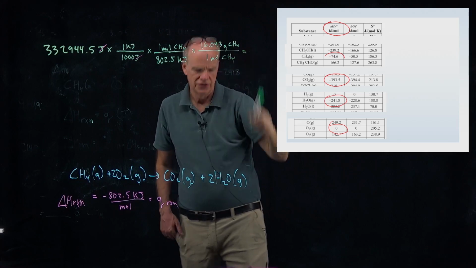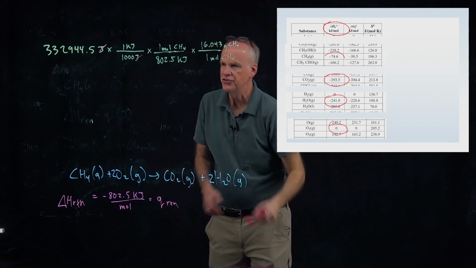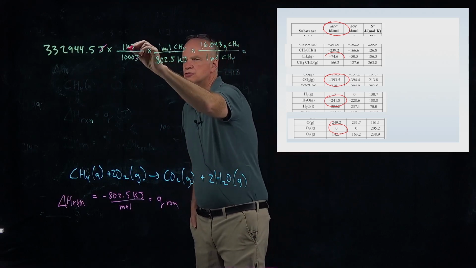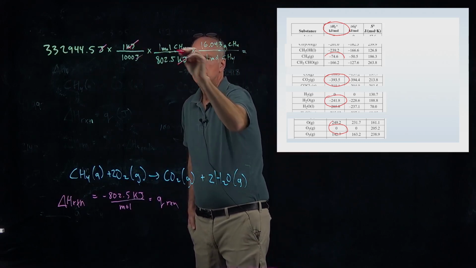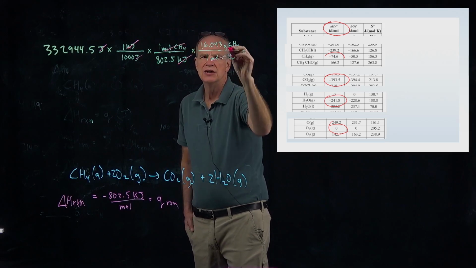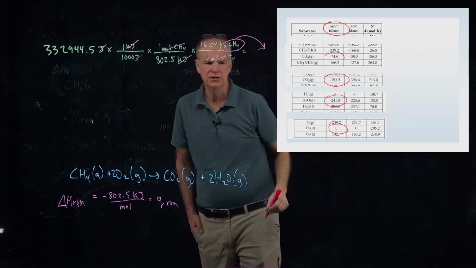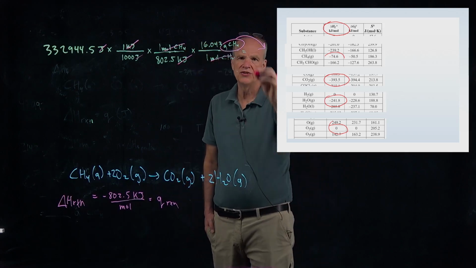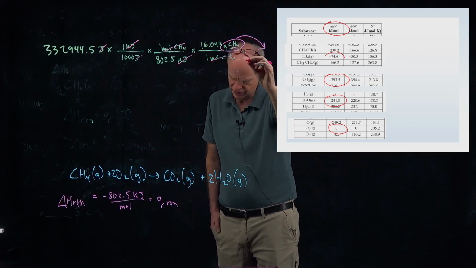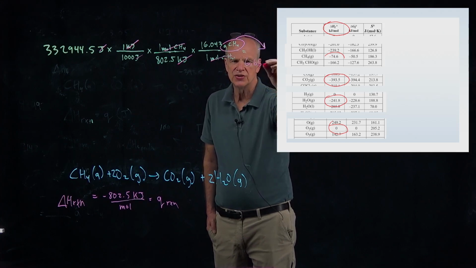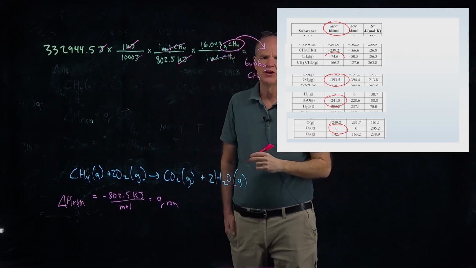Okay, so let's cancel units and see if we get things in grams as we hope. So kilojoules cancels out, moles of methane cancels out, and so grams of methane carries into your answer. And when I did this earlier, rounding to the correct number of significant figures, I got 6.66 grams of methane. Yes, the devil's number of methane.